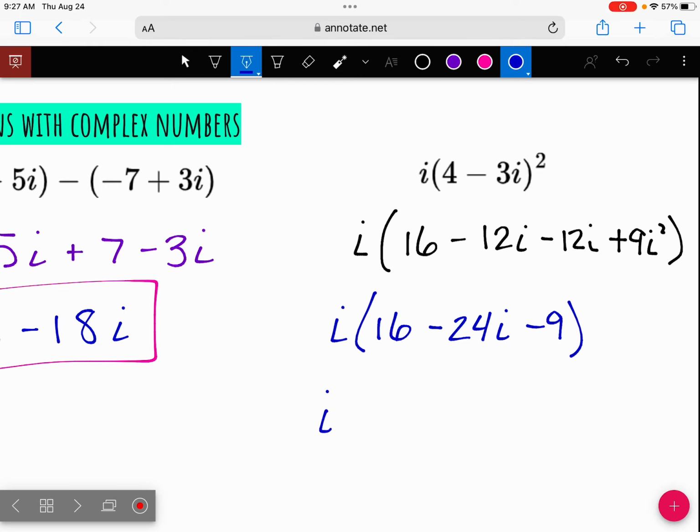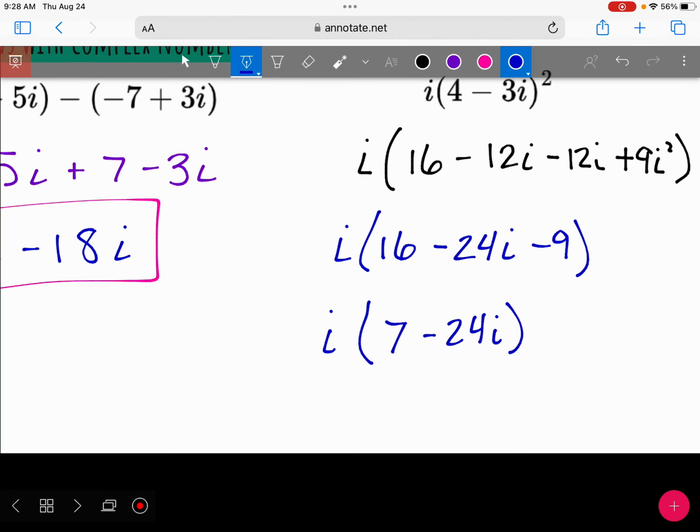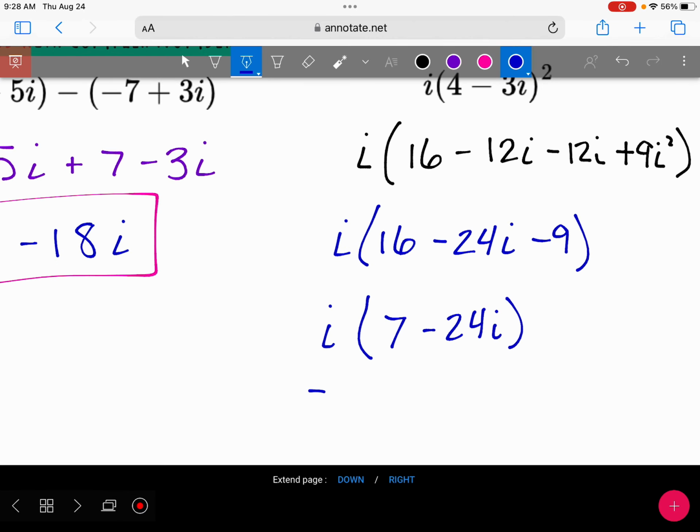So we have i times 16 minus 9, which is 7, minus 24i. Now I'm going to multiply that i through. 7i minus 24i squared.